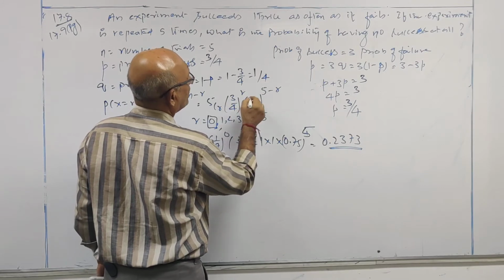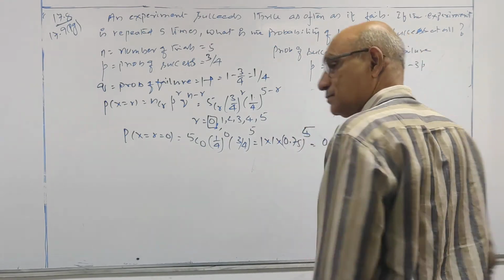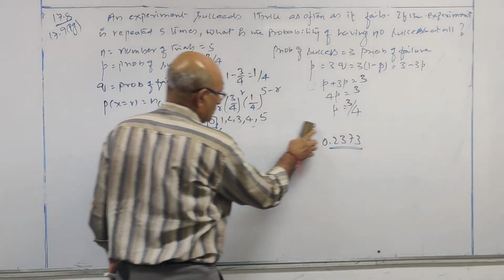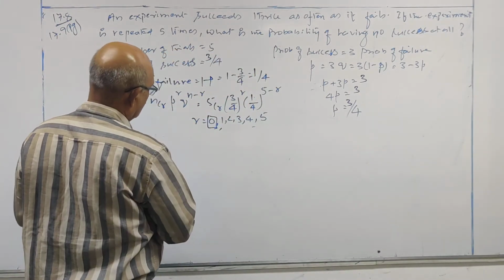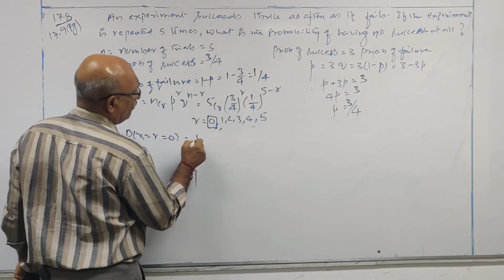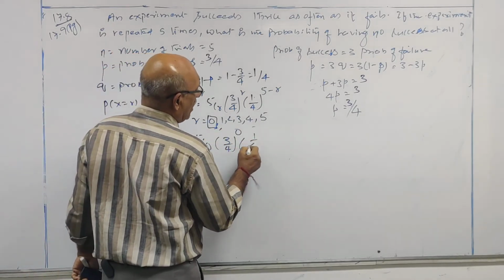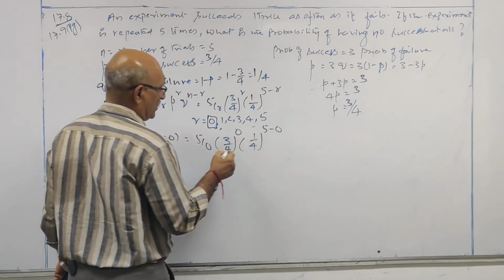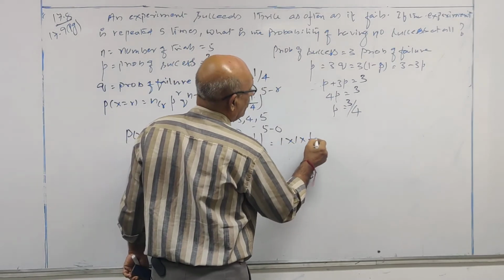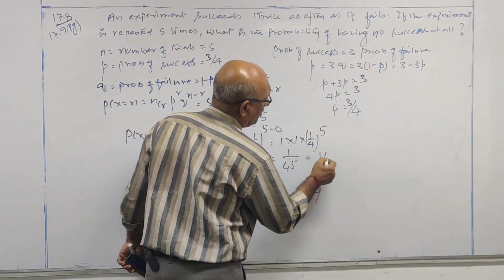So probability of X equal to 0 is 5C0, 3 by 4 whole to the power of 0, 1 by 4 whole to the power 5 minus 0, which is 1 into 1 by 4 whole to the power of 5, 1 by 1024.